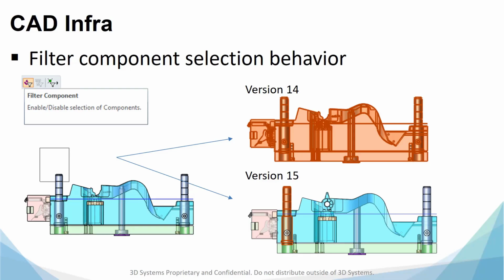In version 14, when we selected by a box a component using the filter component, the result was that the entire assembly or subassembly was selected. We fixed this behavior, and now if I select by a box using the filter component one part, only this component will be selected.